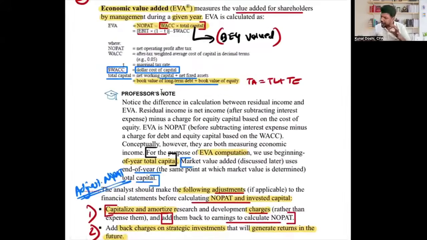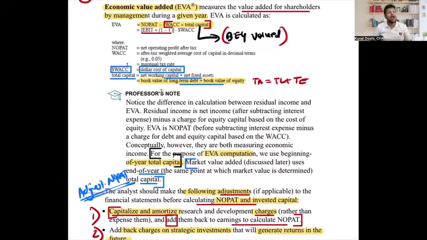So economic value added is the value added to the shareholders, to the equity shareholders, by the management. So see, the management is expected to earn some minimum return on the capital. And after that, whatever extra the management has added to the company's valuation, that is EVA.